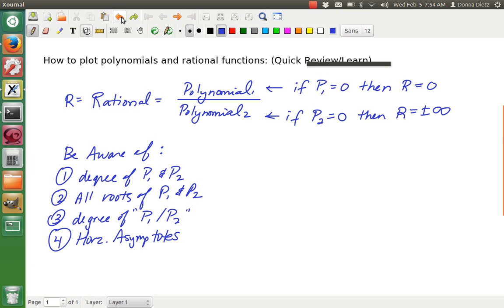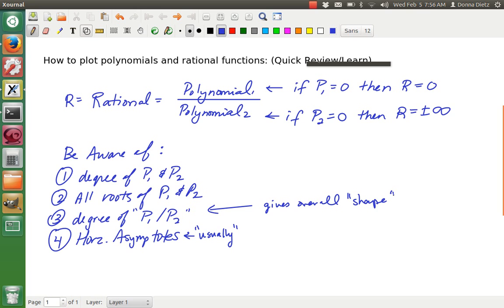So I want to start by talking about, okay, again, horizontal asymptotes is not always, but usually for student exercises this happens. Okay, so degree of P1 and P2 and all their roots. So the first thing you need to be aware of is what's the overall shape. So this bullet point gives the overall shape of the rational function.